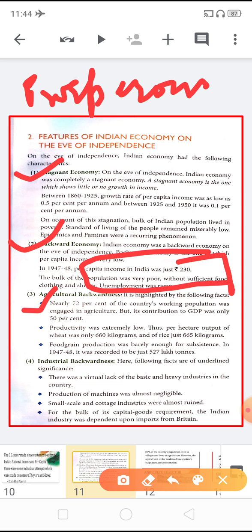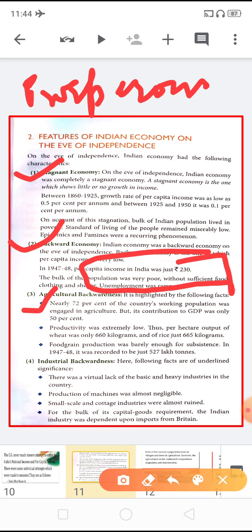No matter that 72% of the working population is engaged in agriculture, their contribution to the GDP is only 50%. It means we can find some kind of disguised unemployment in this era.